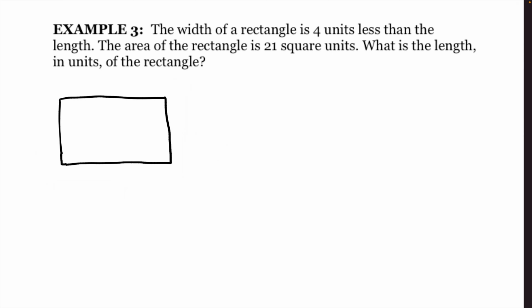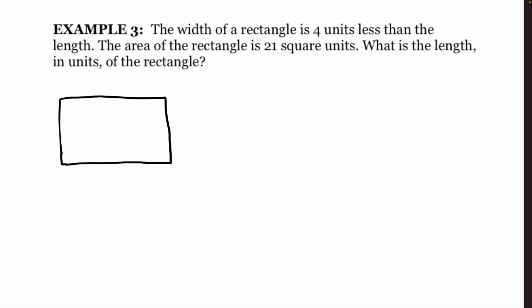What do I know about the rectangle? The width is 4 units less than the length. So whatever the length is, I got to subtract 4, right? Do I know what the length is? No. So when I don't know what something is, what do I use in math?